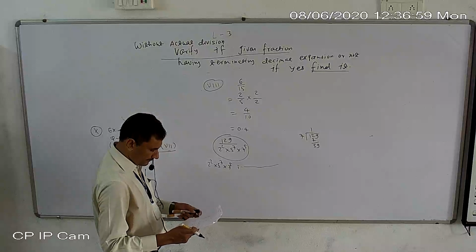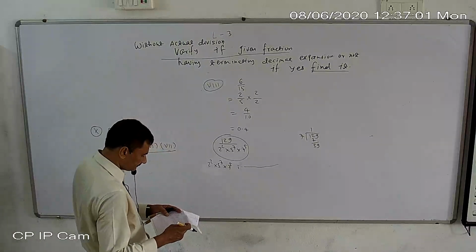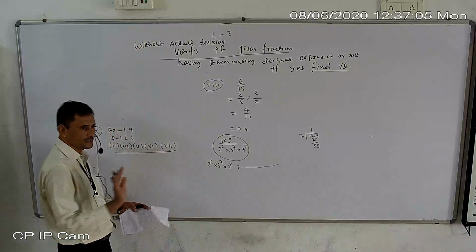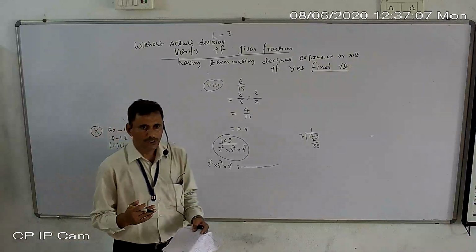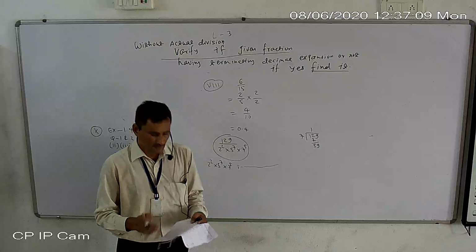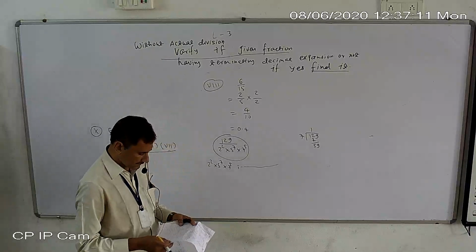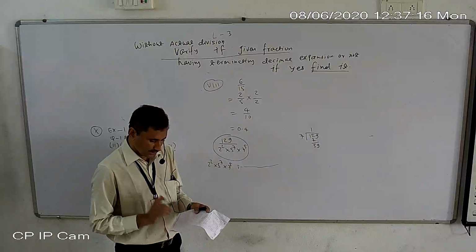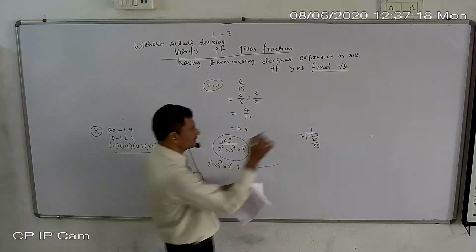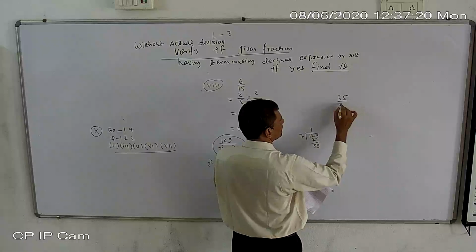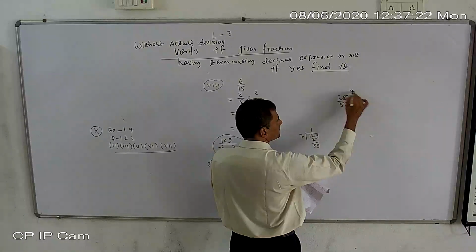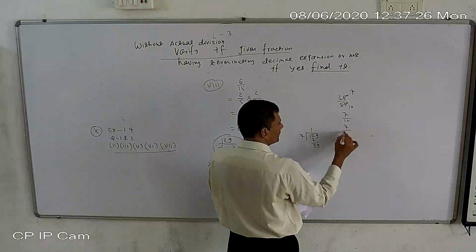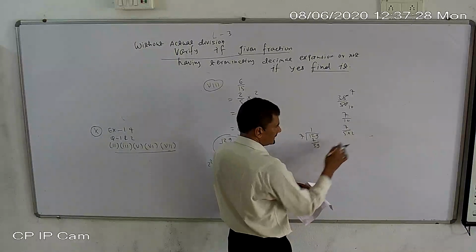Okay, the remaining ones I think are very simple. You can do them for practice if you want. Otherwise, these 5 sums are given in homework. If you want, you can do all sums for practice. Okay, one is 35 by 50, so the simplest fraction will become 7 upon 10. 35 upon 50, okay, 5 into 7, 5 upon 10, so 7 by 10 means 5 into 2. It is in that form.